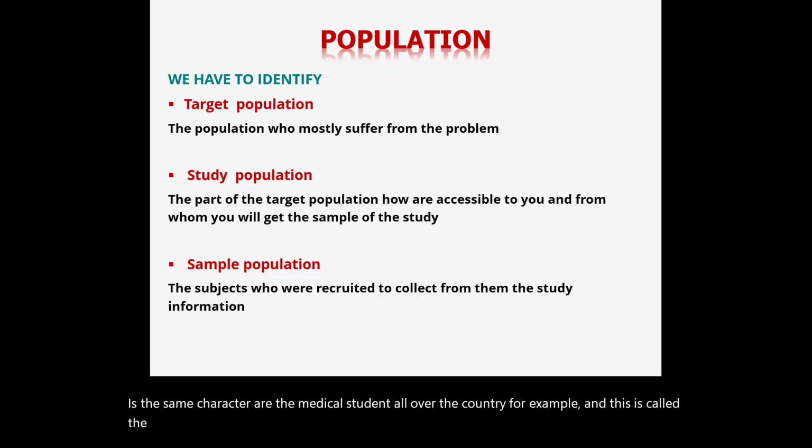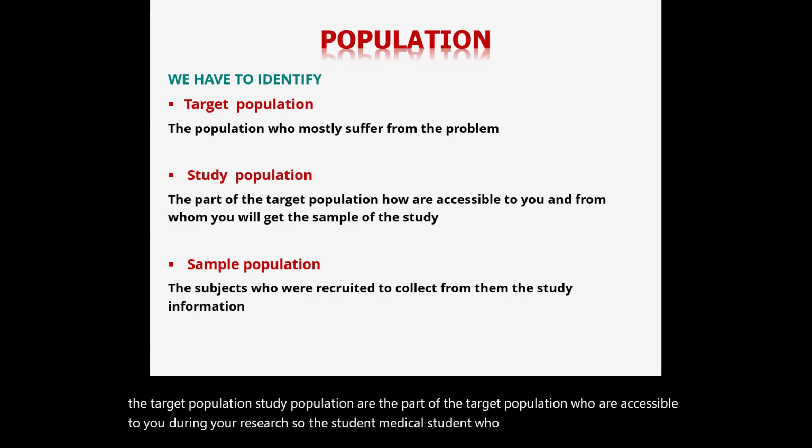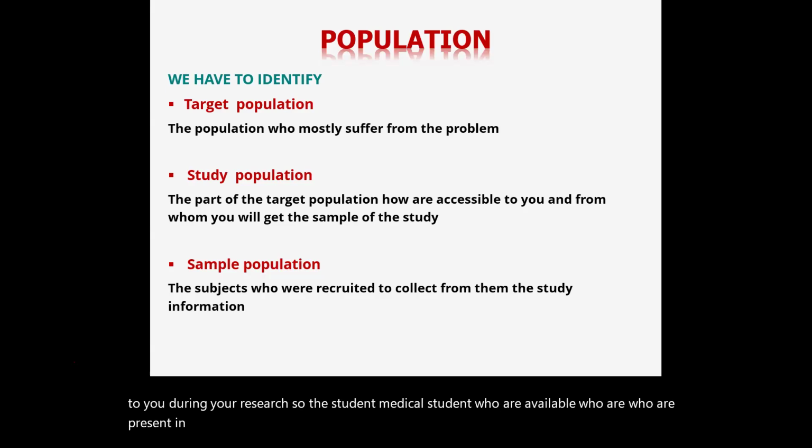Study population are the part of the target population who are accessible to you during your research. So the medical students who are available, who are present in your institution, these are the study population.